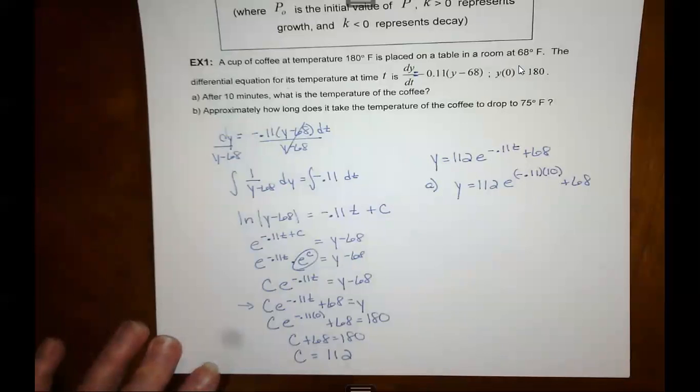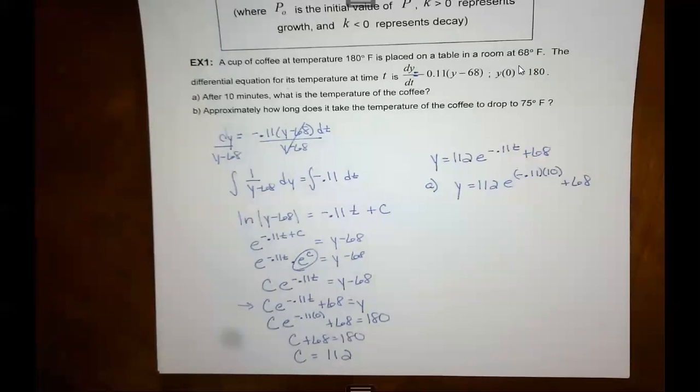And then we're just going to solve for y. So we'll type that into the calculator here. 112 e to the negative 0.11 times 10 power plus 68.